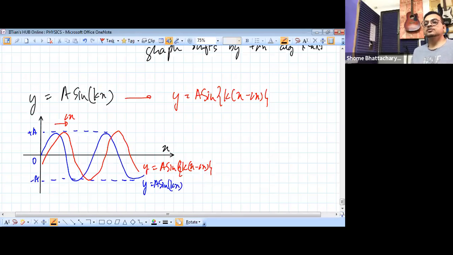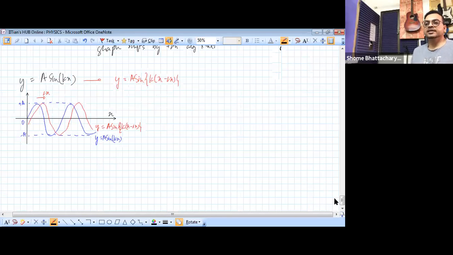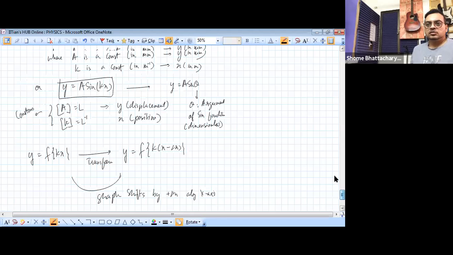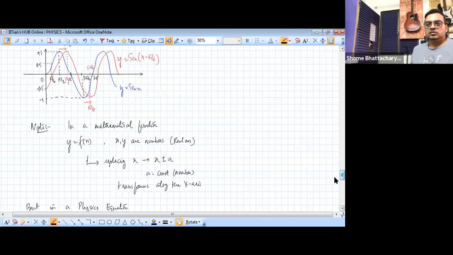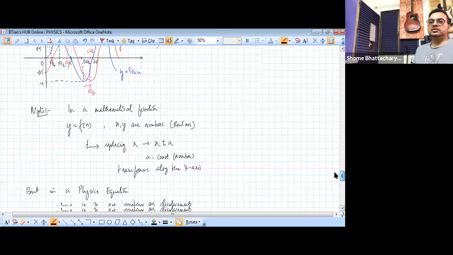This is how transformation applies to the physical equation instead of mathematical equations, functions where x and y are physical quantities instead of just numbers. So I'll just leave you to write down this part. Understand this in detail.